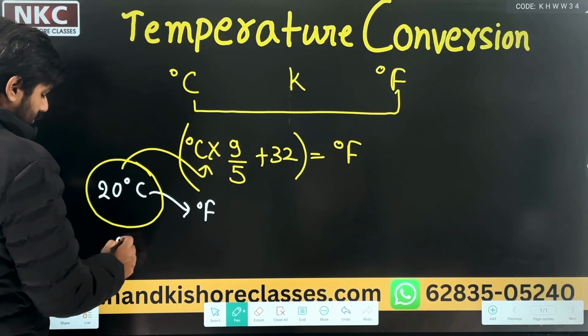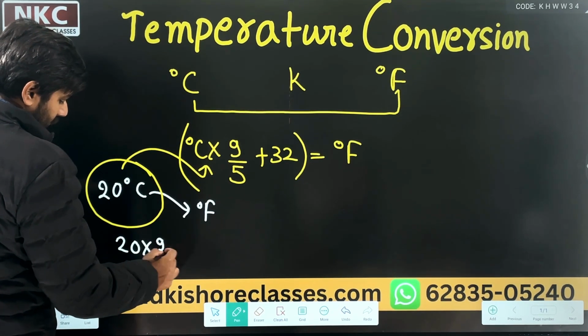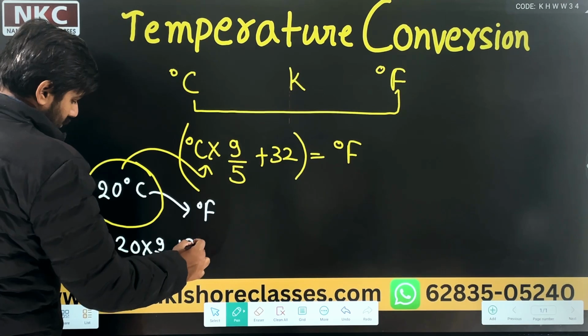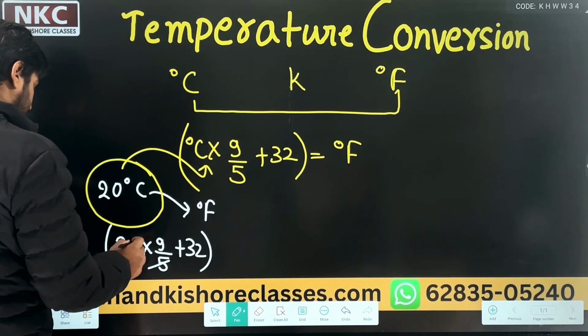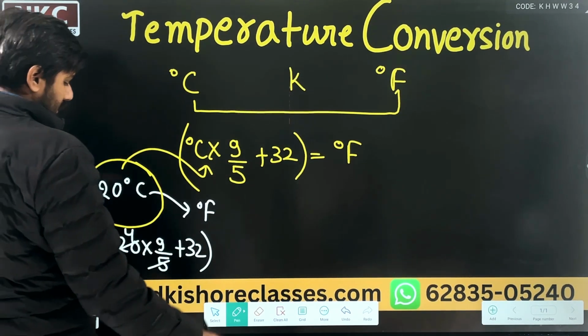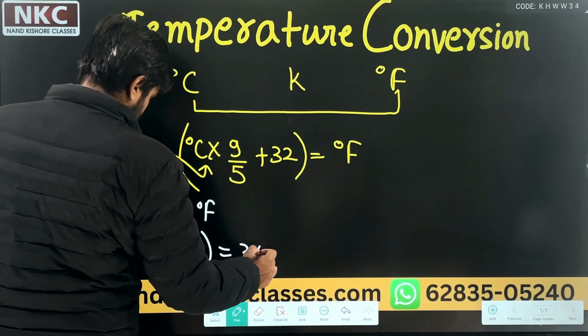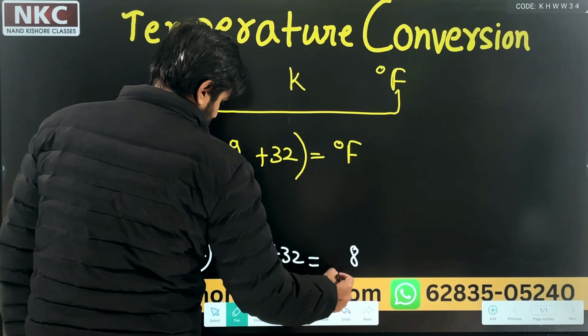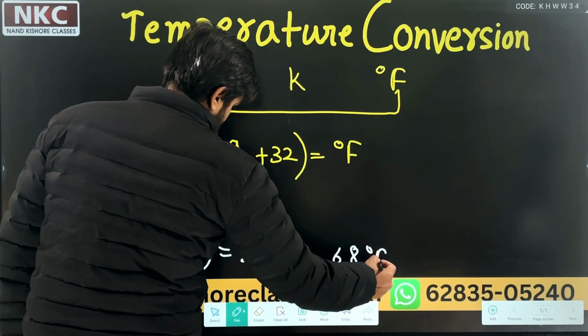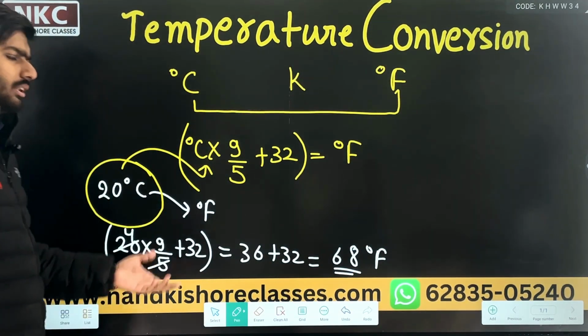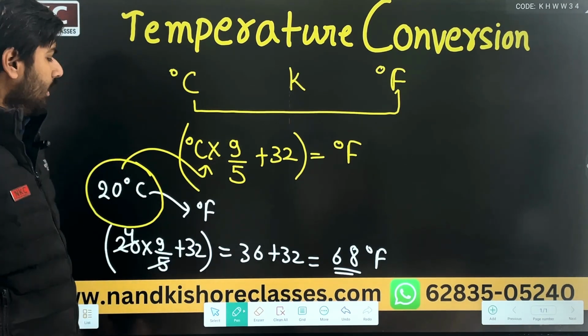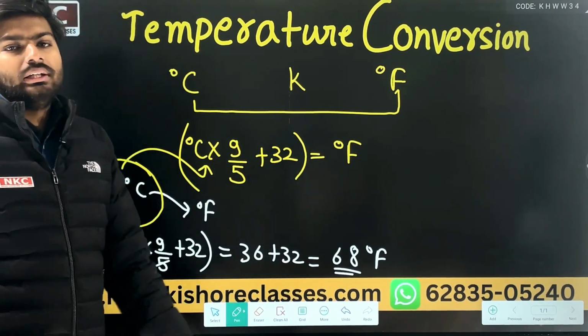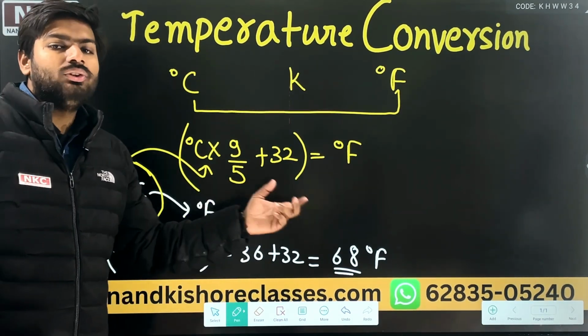So 20 into 9 by 5 plus 32. 5 fours are 20, 9 fours are 36. So it will become 36 plus 32, which is 68 degree Fahrenheit. See how simple the formula is. This is how you can convert degree Celsius into Fahrenheit.